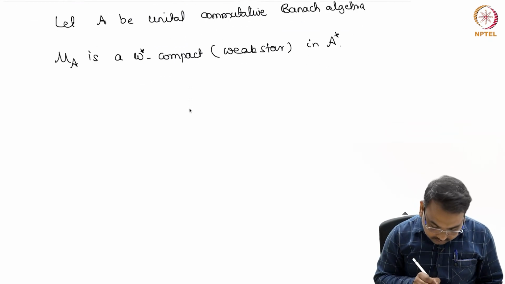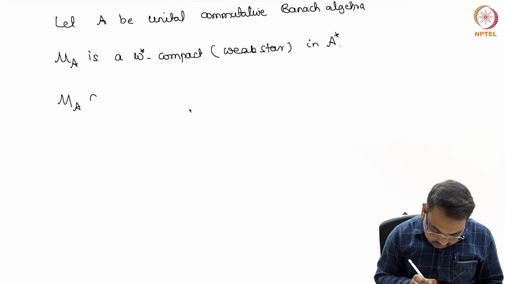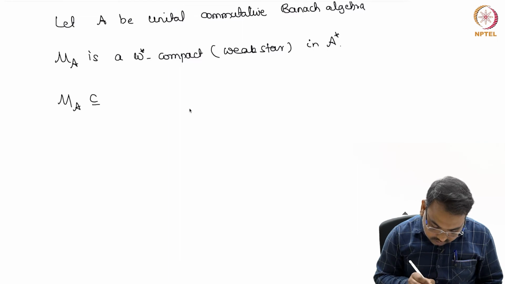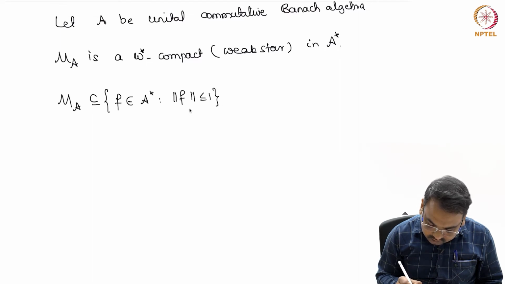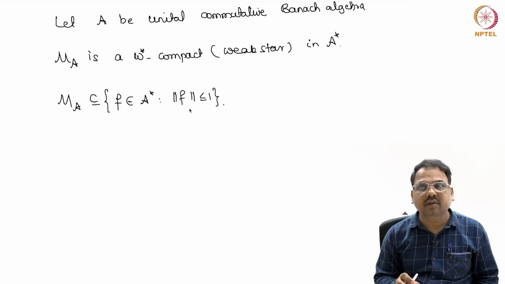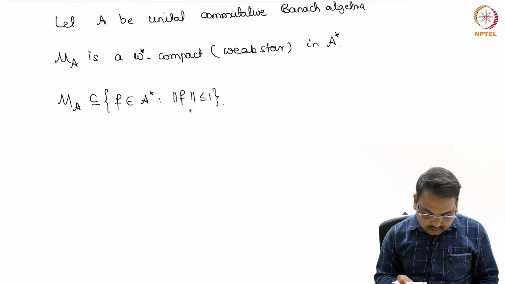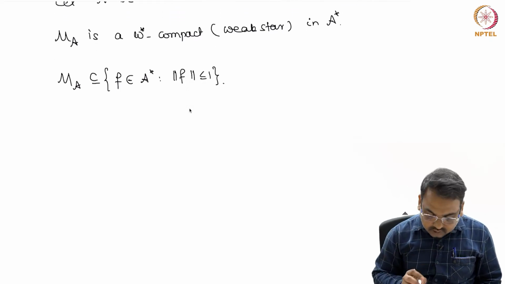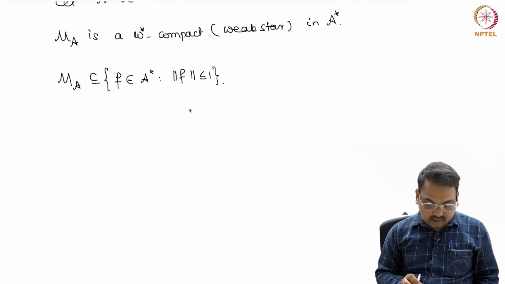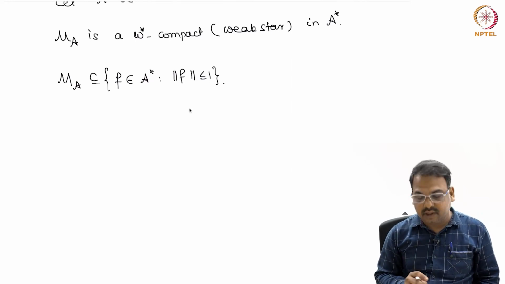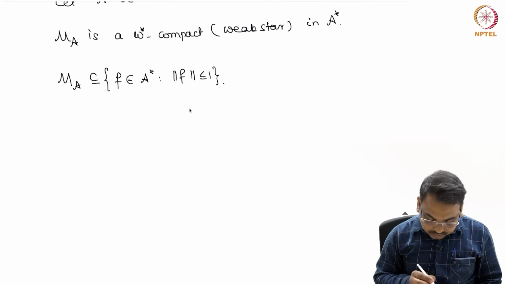Now we know that M_A is a subset of the set of all f in A star with norm of f less than or equal to 1, the unit ball. Now we know that this closed unit ball is weak star compact. So to prove this result, it is enough to show that M_A is closed with respect to this weak star topology.